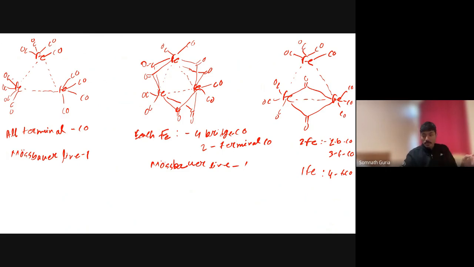So what will be my Mossbauer line then? There are two different irons over here. So with two different irons, we'll get two Mossbauer lines, and the ratio will be 2:1.